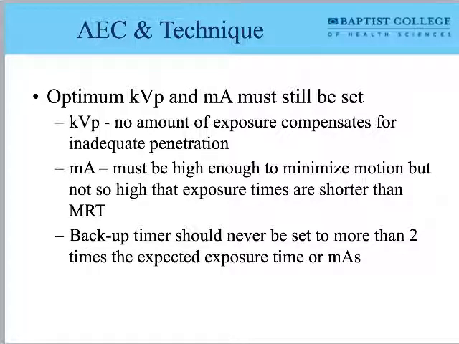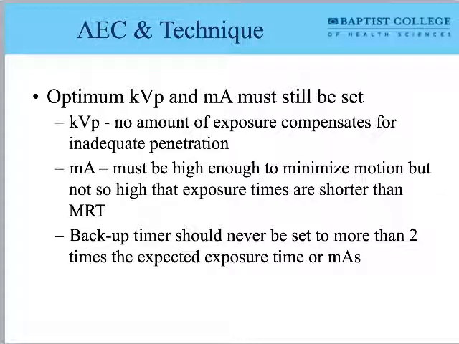As X-rays pass through the patient and exit the patient, they strike this ionization chamber, and if enough ionization occurs, it terminates the exposure. So we can use it instead of mAs. We can just set an mA and a kVp and set the time based off of when we've got an appropriate exposure for the area of interest.